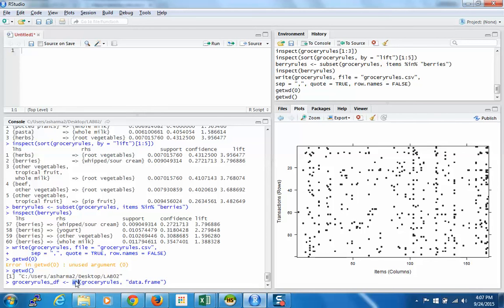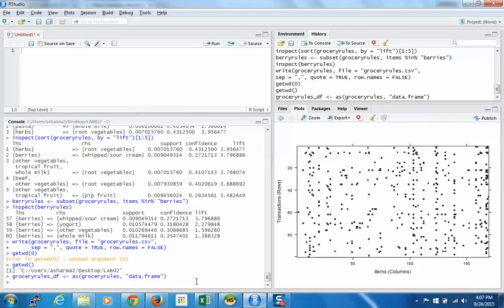So instead of grocery rules, I had the command split, split gr, and for each TID group, all the items. Here I got grocery rules, and I will convert the grocery rules into a data frame. So once I do that, it is converted into a data frame.